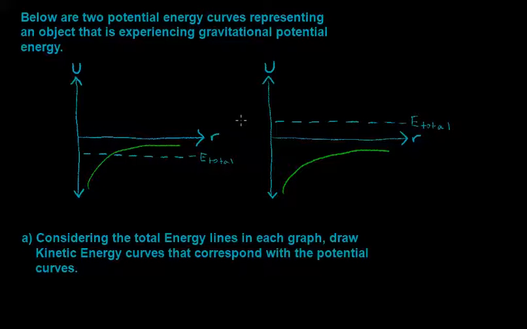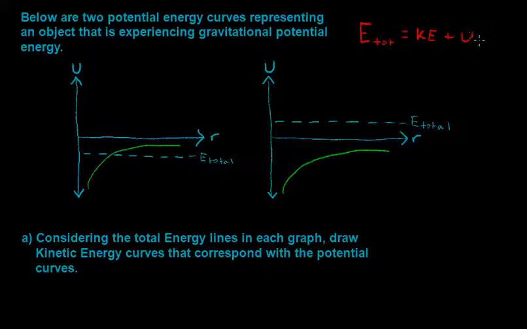So obviously these total energy lines are going to be the deciding factor in where our kinetic energy curves end up on our graphs. So the first thing we have to remember is that in any energy situation, the total energy of a system is equal to its kinetic energy plus its potential energy.